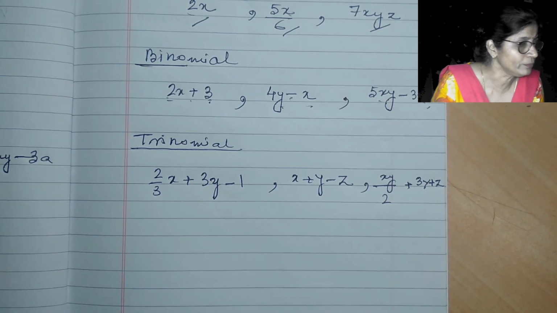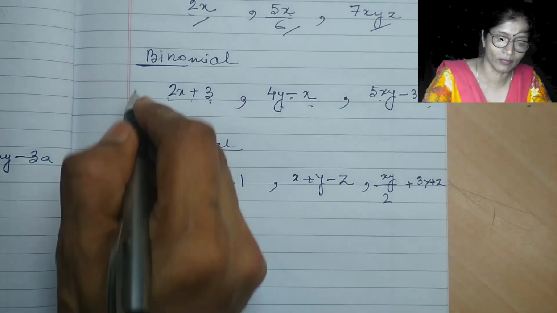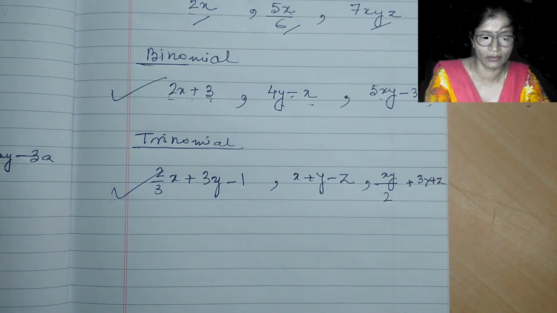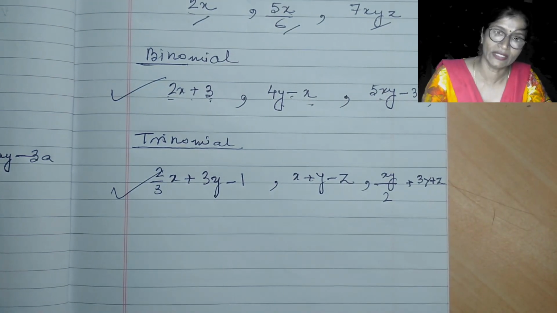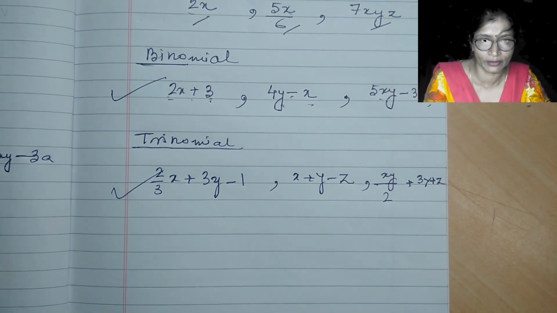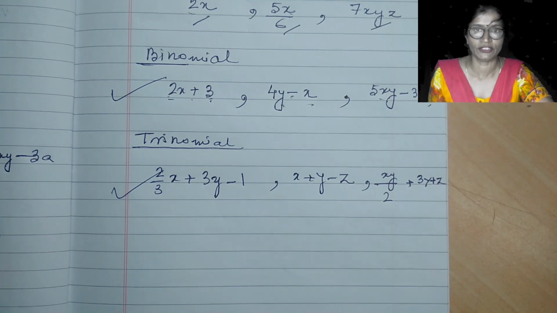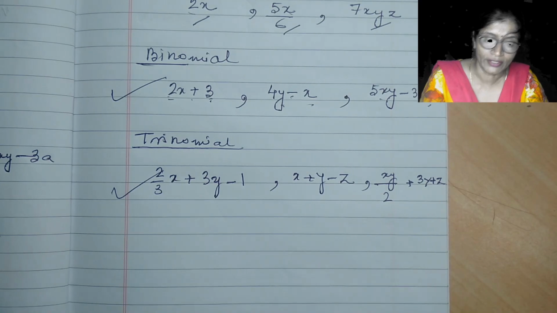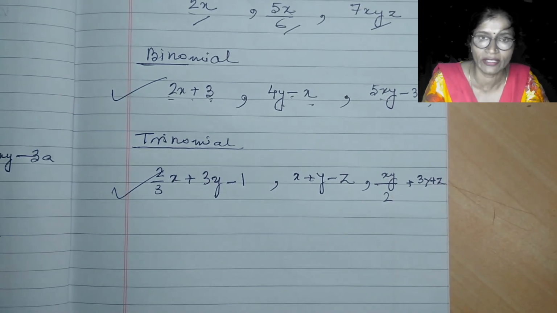Polynomial. What is a polynomial? A binomial is a polynomial, a trinomial is also a polynomial, or if I write 4 terms, that is also a polynomial. It means if 2 or more terms are there in an expression, then that one is a polynomial. In case of a polynomial, in the denominator you will never get a variable.